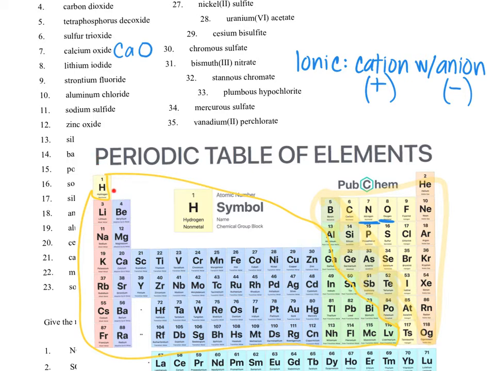the column that it is in is associated with its charge. So for instance, the first column means all of these metals right here, when in an ionic bond, will have a charge of +1. So I'm going to put that at the top. This is +1. The second column is +2.